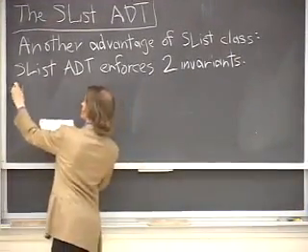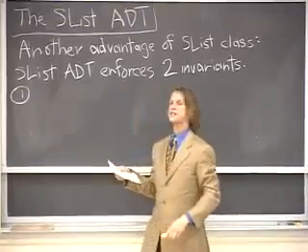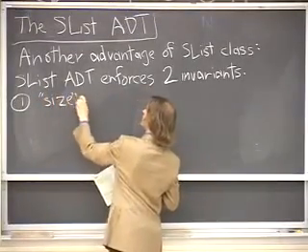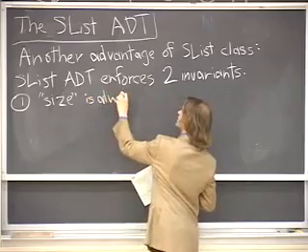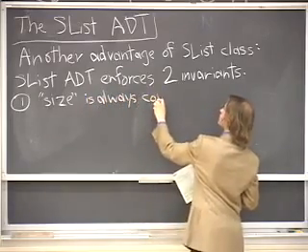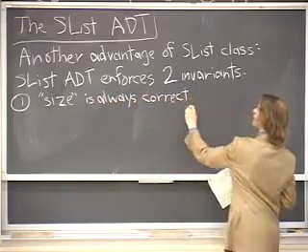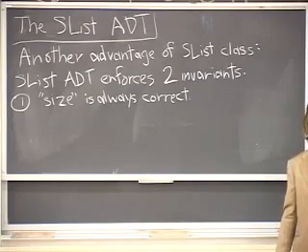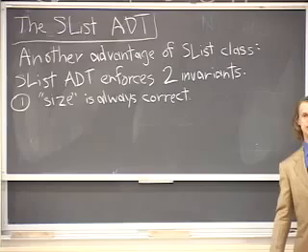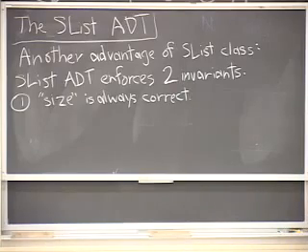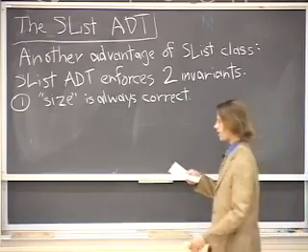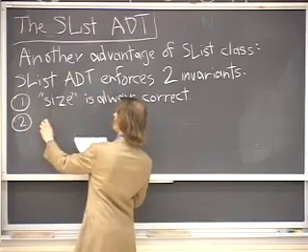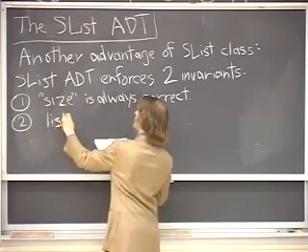The first invariant is that the size field is always correct, which is a shorthand way of saying that size is always equal to the number of items that you can get to starting from the head pointer of the S-list and following a chain of next pointers. And number two, a list is never circularly linked.